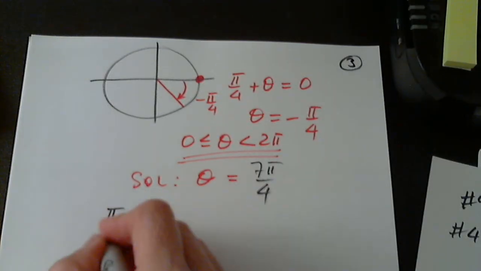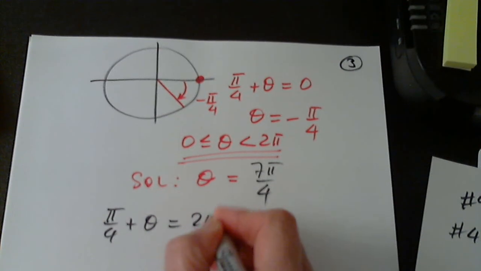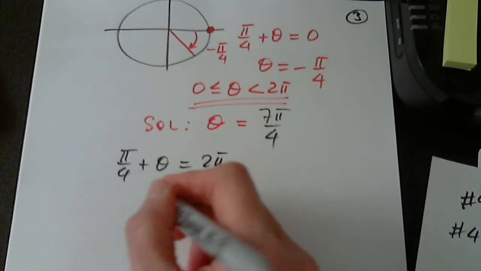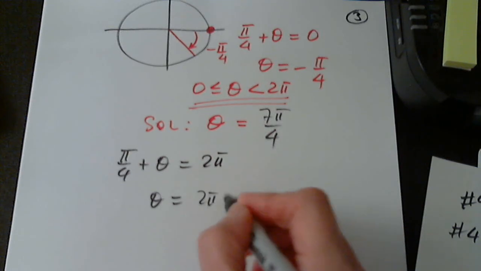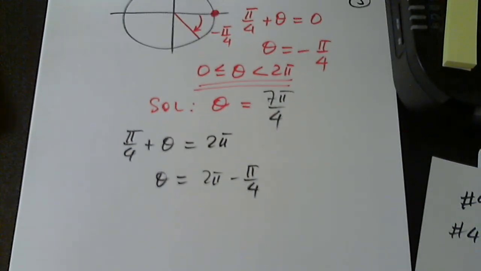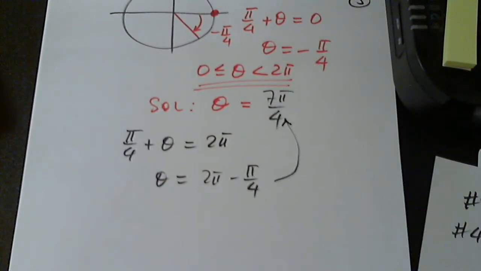So pi over 4 plus theta equals 2 pi. And then theta would be 2 pi minus pi over 4. And that's exactly what we have. Anyway, it's the same angle.